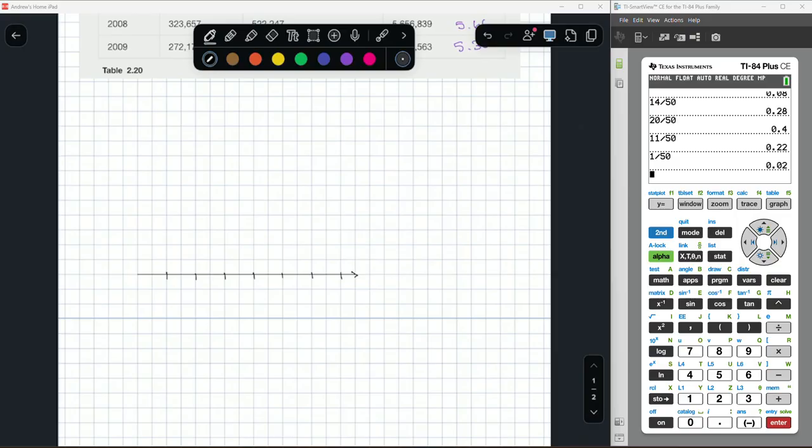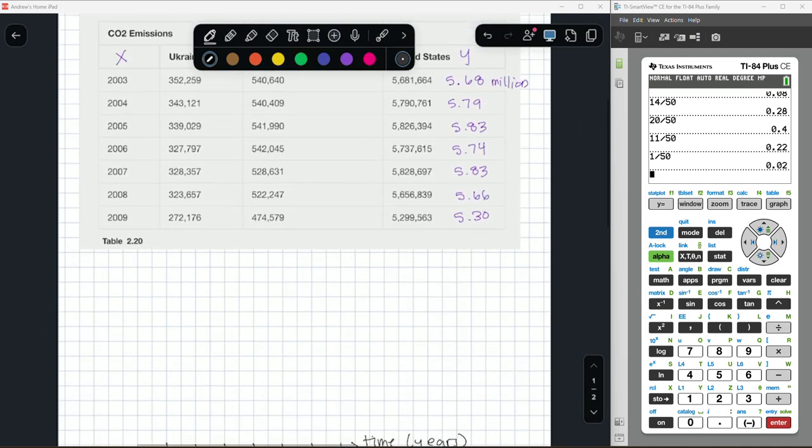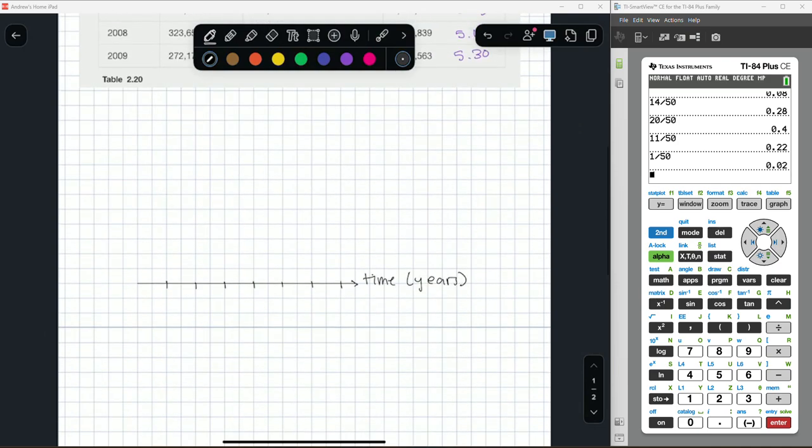And this is plotting time in years. And we started with 2003, 2004, all the way up to 2009.